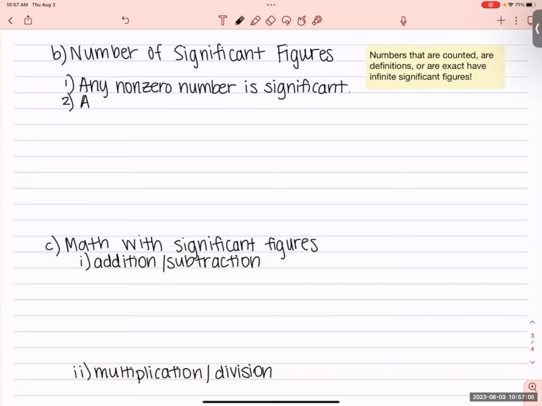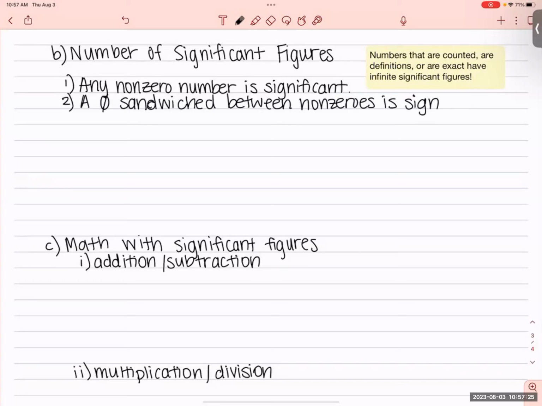A 0 sandwiched between non-zeros is significant. So any 0 in between non-zeros, that number is significant. Sandwiches are significant.